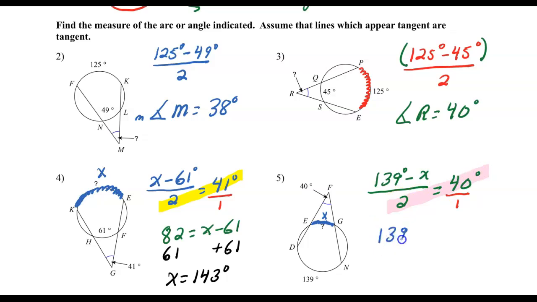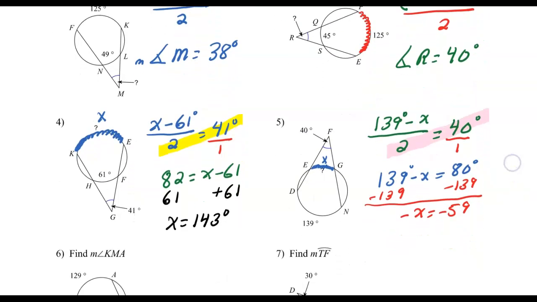So 139 minus x is equal to 80. I'll subtract 139 from both sides. Doing that, negative x is equal to negative 59. So when you divide by negative 1, the little arc is 59 degrees.